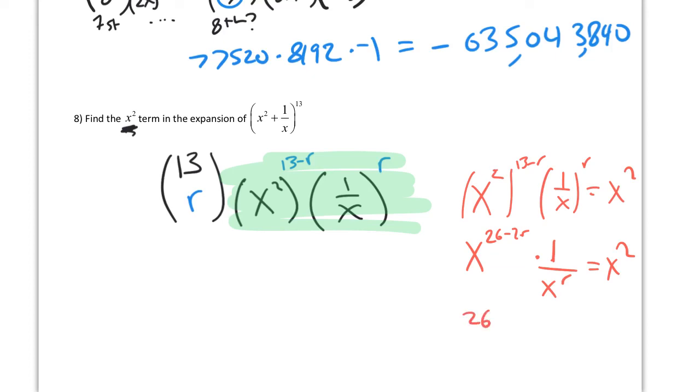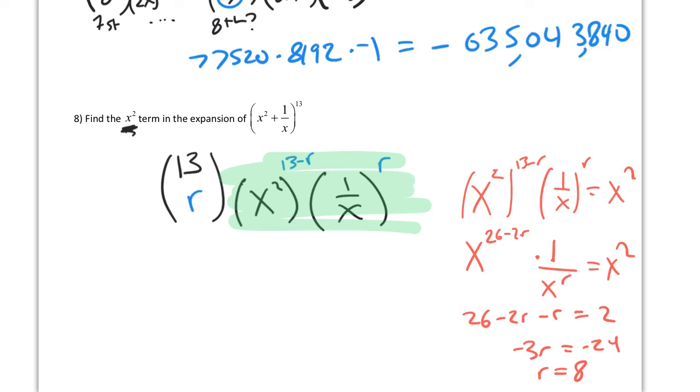So 26 minus 2r minus r would equal 2. Another way to think of that is this 1 over x to the r is x to the negative r. And that means negative 3r equals negative 24, which means r is going to equal 8. All right, so I figured that out.